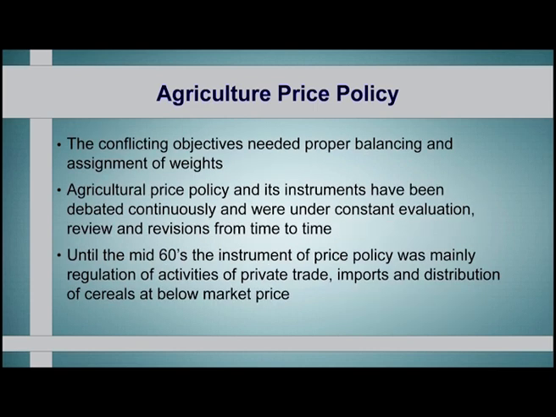In the price policy, conflicting objectives needed proper balancing and assignment of weights. Agriculture price policy and its instruments have been debated continuously and are under constant evaluation, review and revision from time to time. Until the mid-60s, the instrument of price policy was mainly regulation of activities of the private trade, imports and distribution of cereals at below market price.